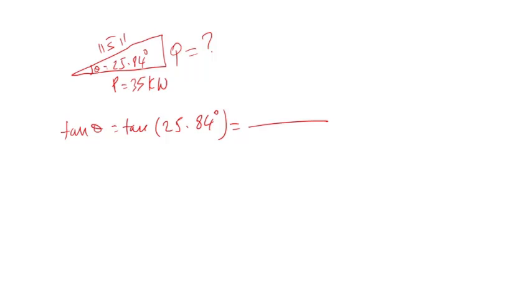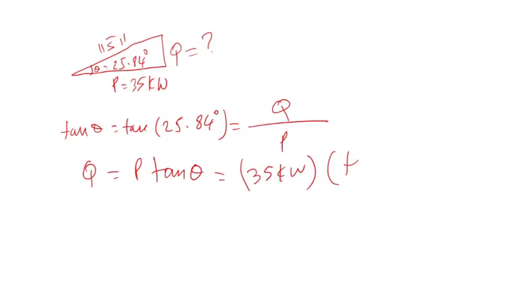So tan is the opposite side, which is Q, divided by the adjacent side, which is P. So this is another way you can calculate Q. So Q is equal to P times tan theta. P is 35 kilowatt times tan 25.84 degrees. And you will get the same result, which is 16.96 kvar.